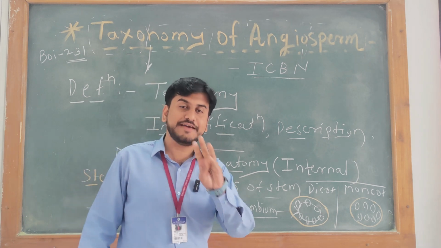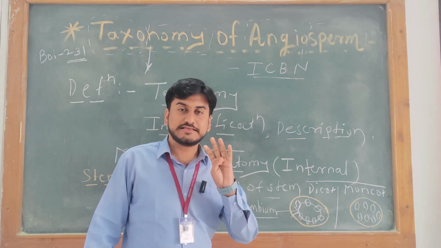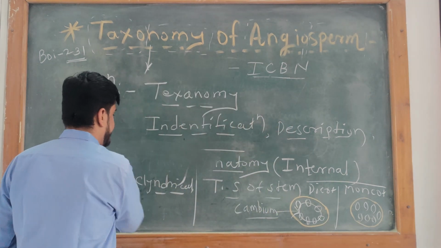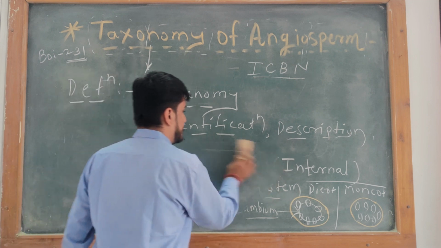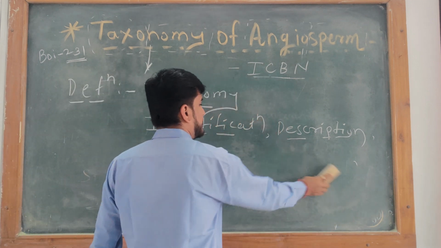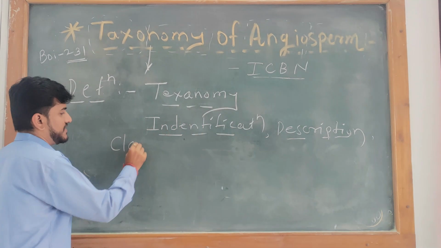You have to describe the plant at the level of morphology as well as anatomy. Then the plant is also classified. The third step is classification.